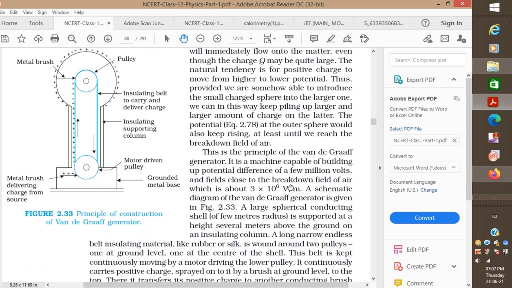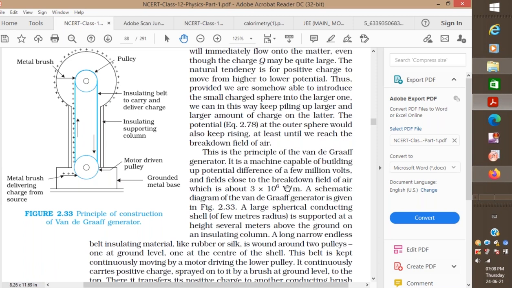And when they get ionized, then they no longer behave like insulator, they behave like conductor. That is the breakdown of the air. Sometimes in air, if you create a very huge potential or electric field between two sharp edges, you will see some spark.